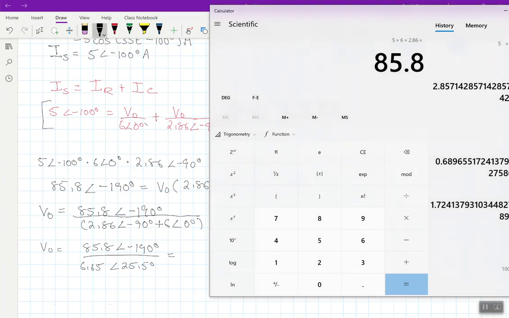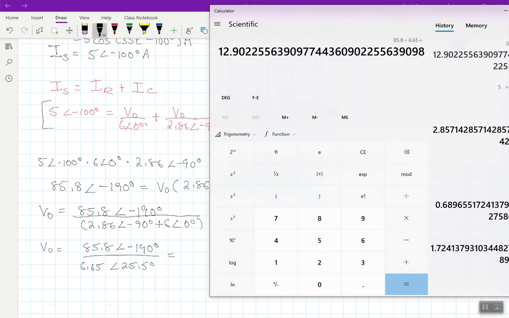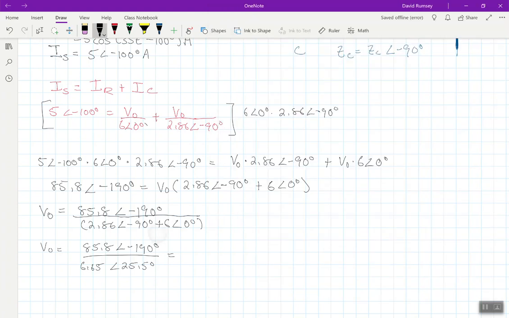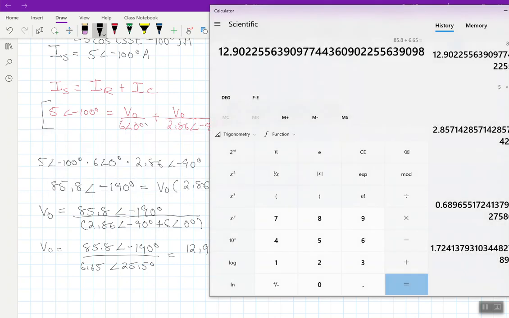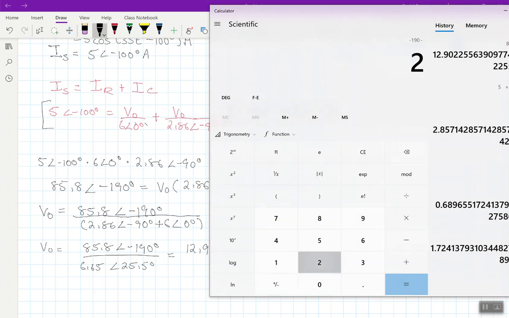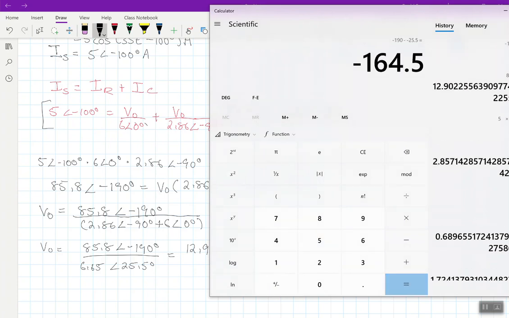Now doing this simple division here, this would be 85.8 divided by 6.65. So that's 12.9 at an angle of, well, it would be negative 190 minus 25.5, which is negative 164.5.